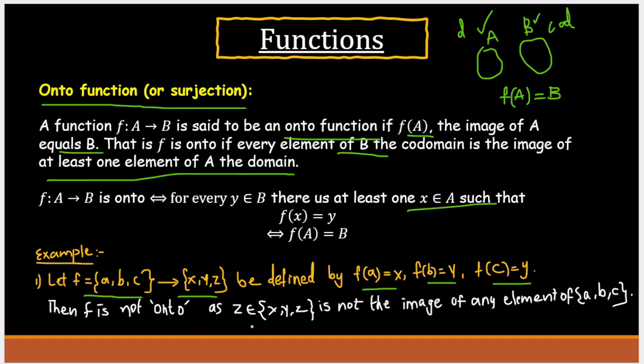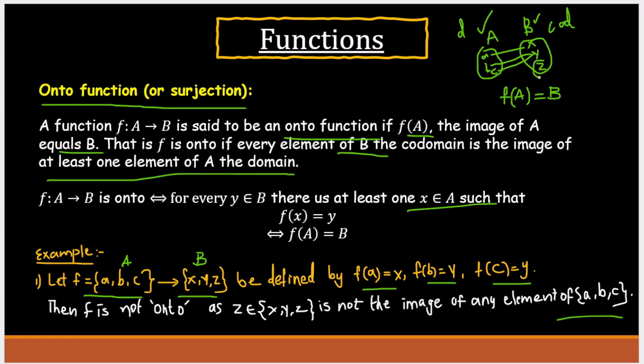This is because z is not the image of any element of {a, b, c}. Let's say this set is A and this set is B. So we have f of a is x, f of b is y, and f of c is also y.